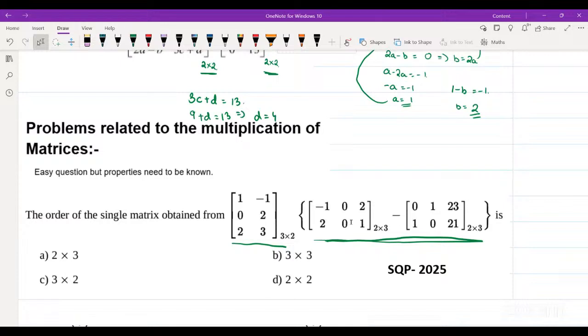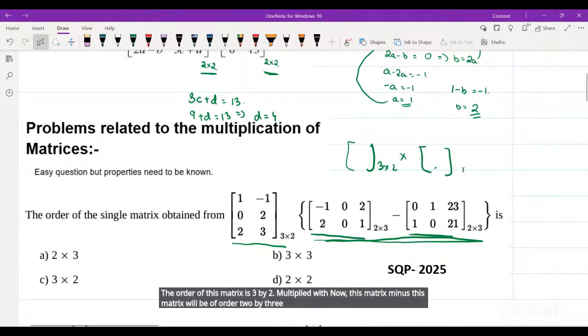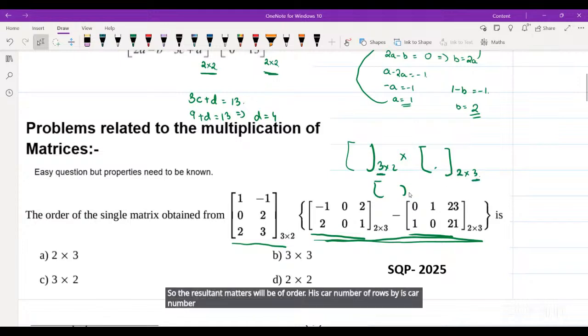Correct, Ibrahim? Correct. See, the order of this matrix is 3 by 2, multiplied with this matrix, which will be of order 2 by 3 only, right? So the resultant matrix will be of order number of rows of the first by number of columns of the second. This will be 3 by 3. So the correct option is 3 by 3. Is that clear, people?